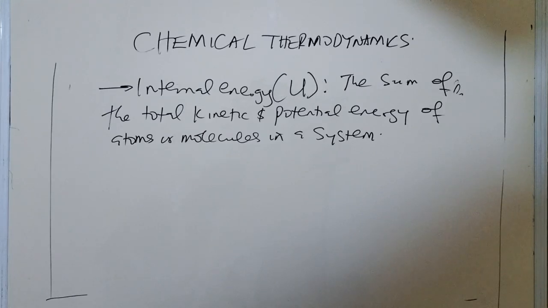It's conventional to use U to represent internal energy, while some people use the symbol E, capital E.